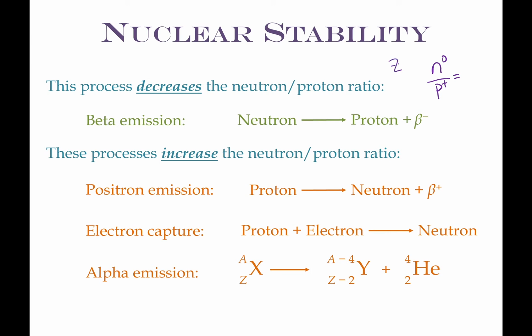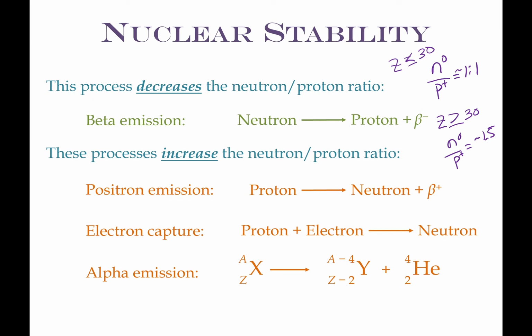So if Z is less than or equal to 30, then you would want this to be about 1 to 1. We don't really want it to be lower than that. So if Z is greater than or equal to 30, you're going to want that neutron to proton ratio to be about 1.5-ish, especially towards those heavier elements.